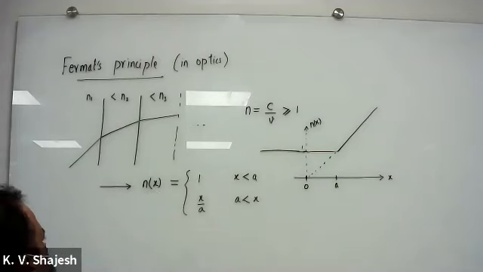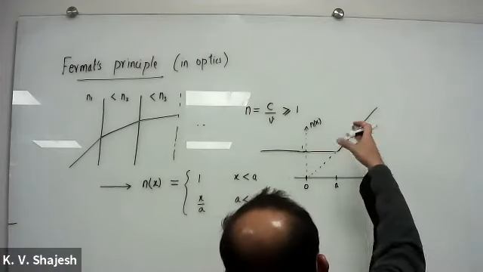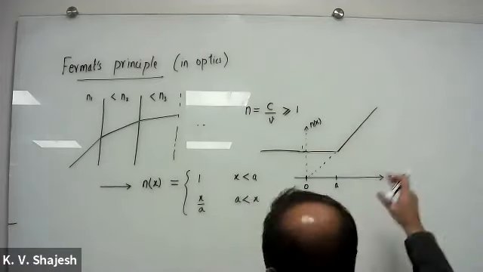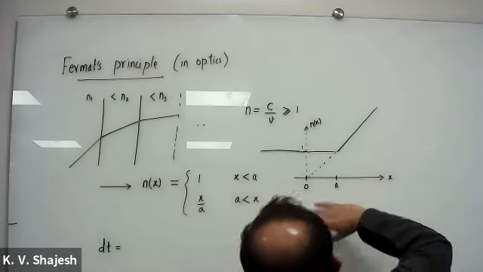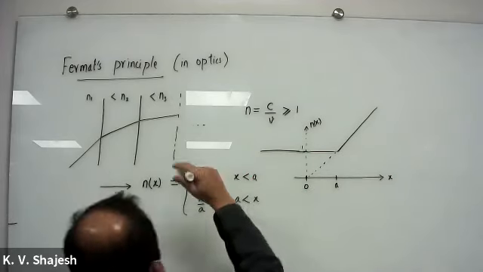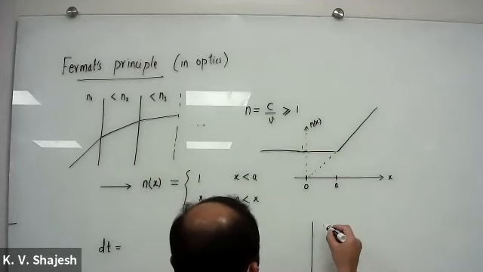Okay, so that's enough. n of x is given to us, and let's say you start from some point x1, y1, and you go to another point x2, y2. For a small distance that you go, dt is equal to... remember there is y also, right? So this is x, and I have plotted this with n of x, but in general we have a medium, so this is a stratified medium.